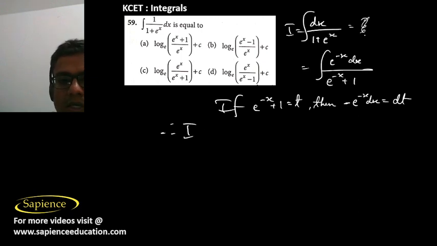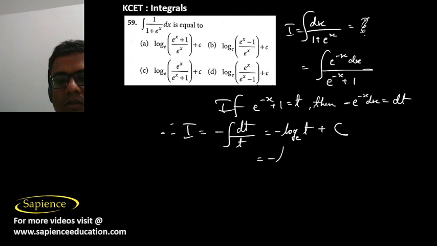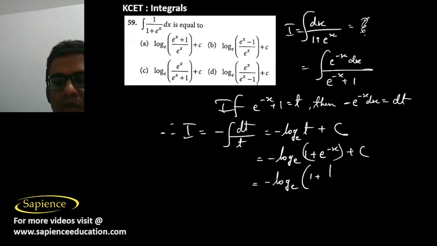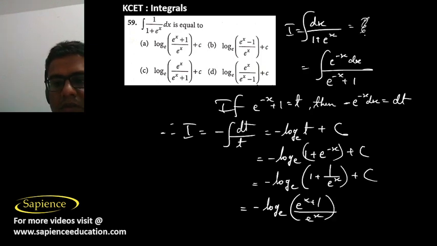Therefore this integral I can be written as minus integral dt by t, which is minus log base e t plus c. This is minus log base e of 1 plus e power minus x, plus c, which is minus log e of 1 plus 1 by e power x, or we can write it as minus log base e of e power x plus 1 by e power x, plus c.